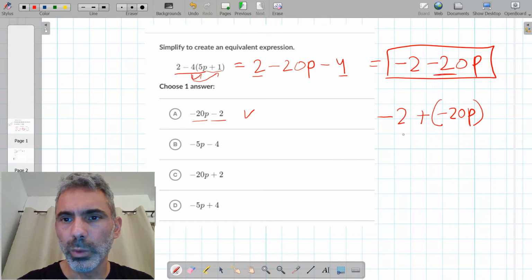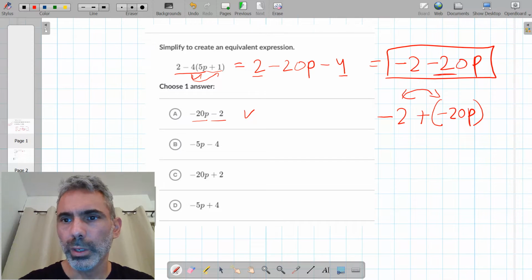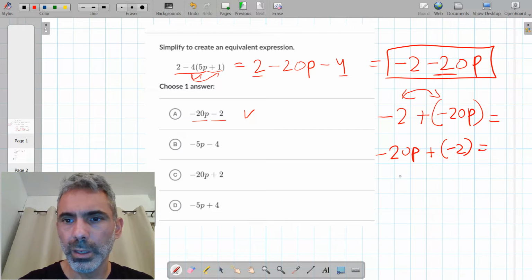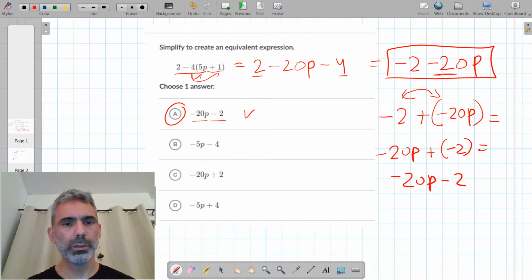And since when we do an addition we can swap the order of the terms, we can write it as negative 20p plus negative 2, which is the same thing as negative 20p minus 2. Okay, so A is correct.